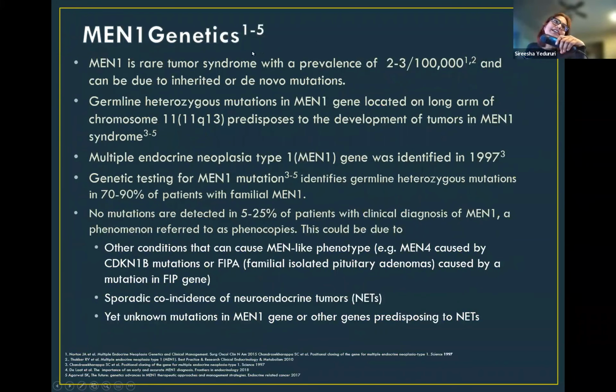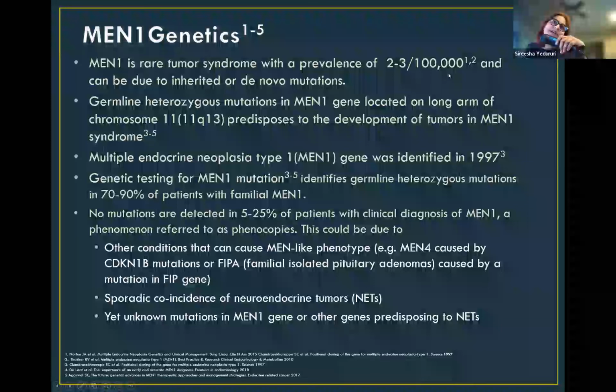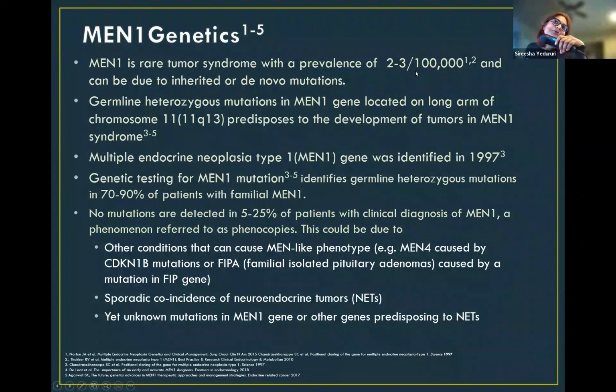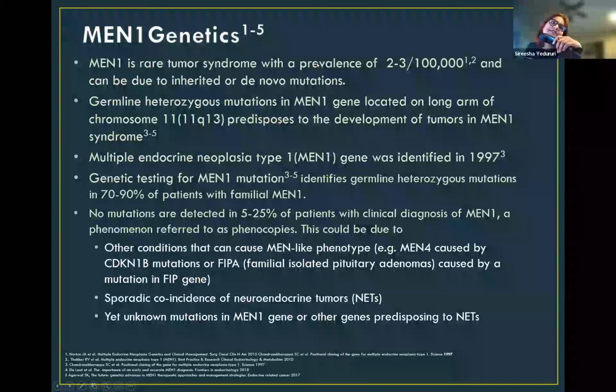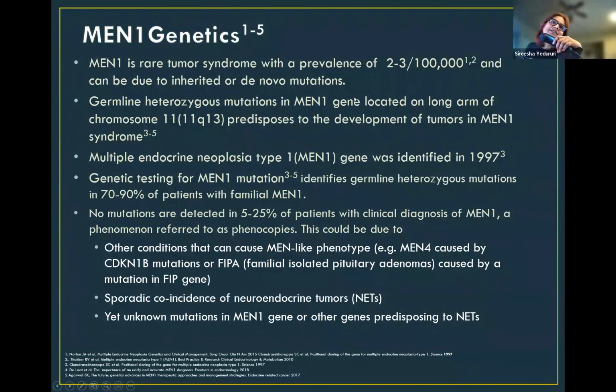So coming to the genetics, it's a very rare syndrome, and the prevalence is 2 to 3 per 100,000. It can be due to inherited disease, or it could be due to de novo mutations. The germline mutations in the MEN1 gene are located on the long arm of chromosome 11. It was first identified in 1997.